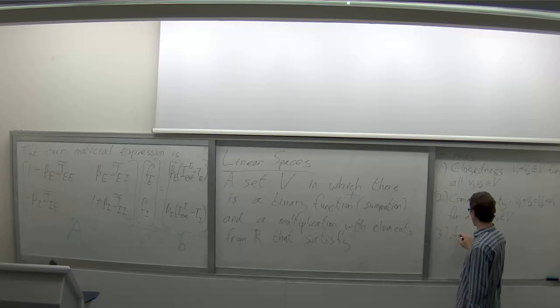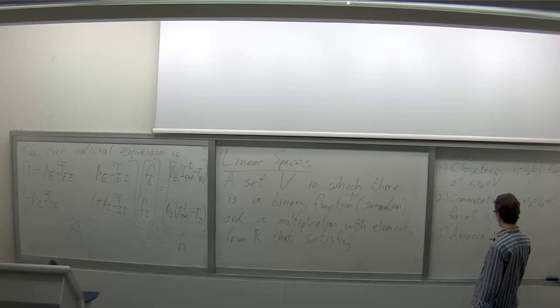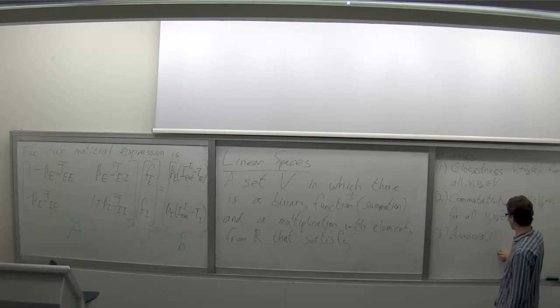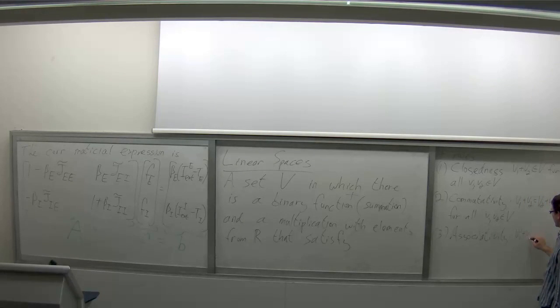Associativity, and practically anything I told you about n-tuples. V1 plus V2 plus V3, if I sum the first two first, it equals V1 plus V2 plus V3.